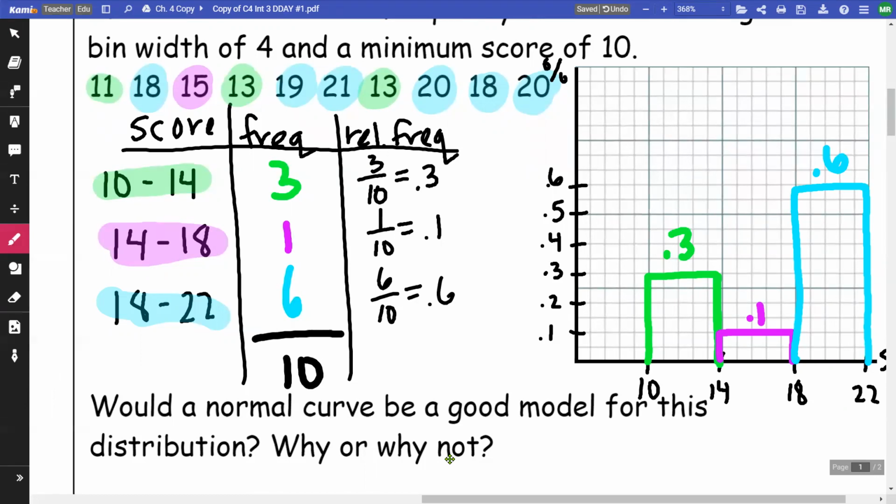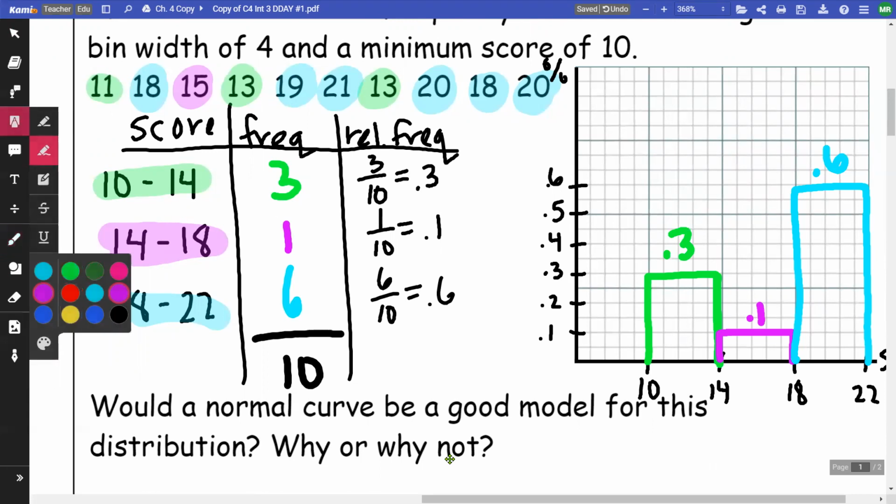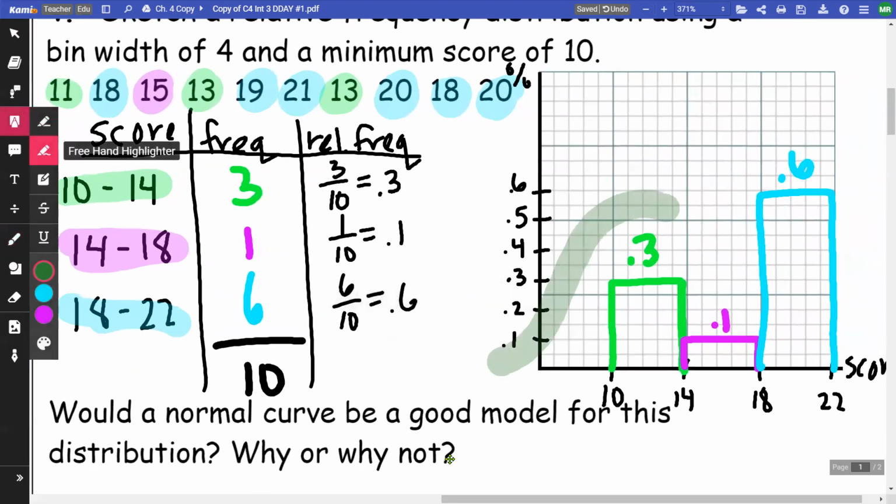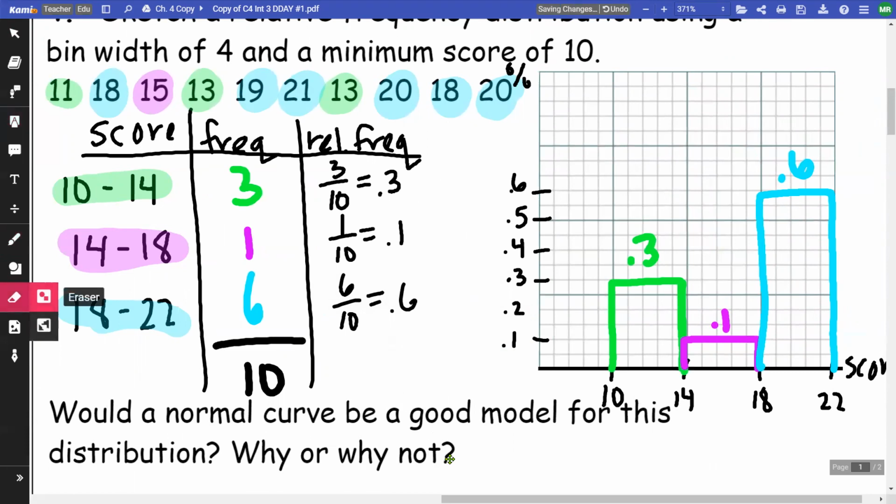And they said, would a normal curve be good for this? So if I was kind of trying to trace around this, helps if I have a highlighter. That goes down and back up. So this would not be a normal curve because I would want that 0.6 to be in the middle because your mean is always in the middle and it should be a bell-shaped curve.